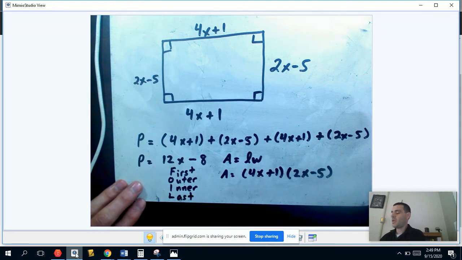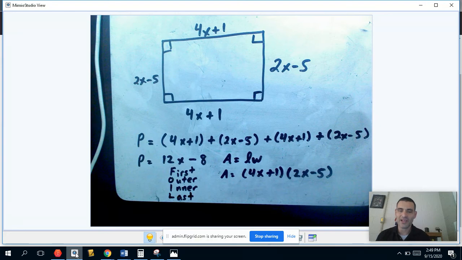But it's just the distributive property twice. That's the way I like to think about it. The only problem with FOIL is it only works when it's binomial times binomial. If it's not binomial times binomial, then there's not enough letters or the letters don't match up. But binomial times binomial is common enough to where FOIL's a decent acronym to remember.